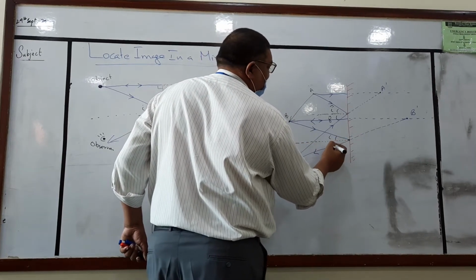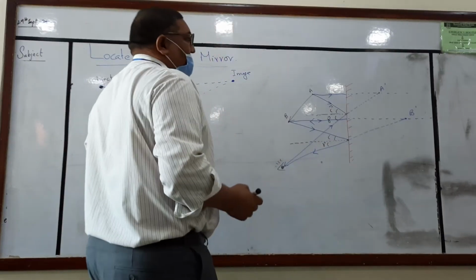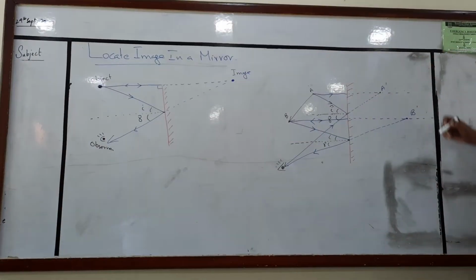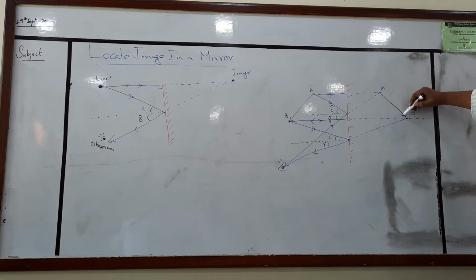This is the angle of incidence, this is the angle of reflection. You see, this will be the image. If somewhere you have to actually draw this diagram, we can draw it.